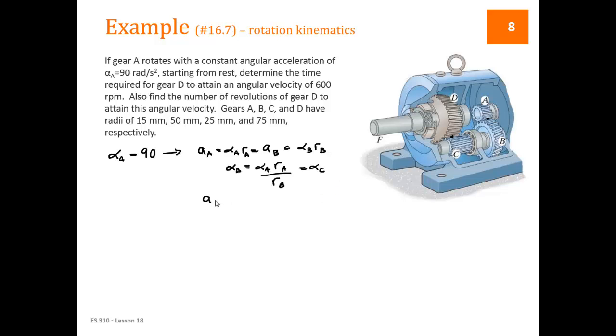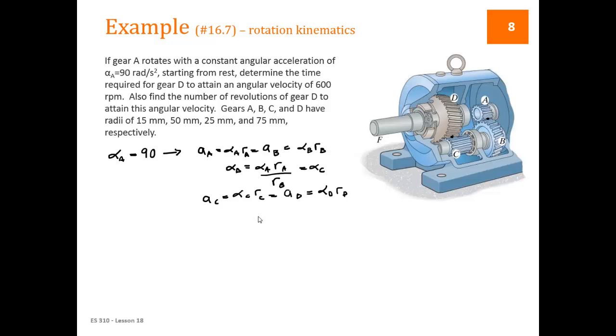So AC is equal to alpha C times RC, and the acceleration of the point on the outer side of C is equal to the acceleration of the point on the outside of D, because they're meshed, so that's AD, which is equal to alpha D RD, and we're looking for the angular velocity information about D. And so if we can find the angular acceleration information about D, we can figure out through kinematics what the velocity is.